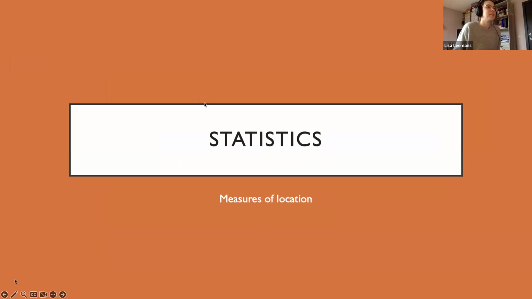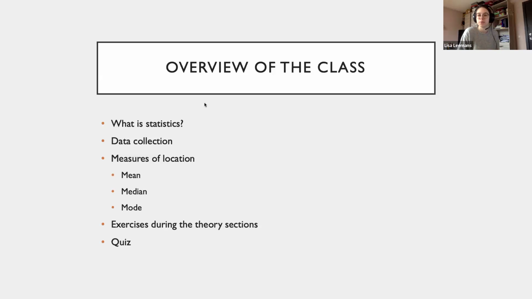So, this is what we will do today. I will talk to you guys a bit more about statistics, specifically measures of location. So the overview of the class, I wrote it down here. First we will see what is statistics. I wasn't sure whether you guys have had some introduction to statistics or not.